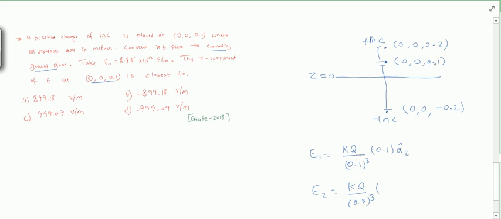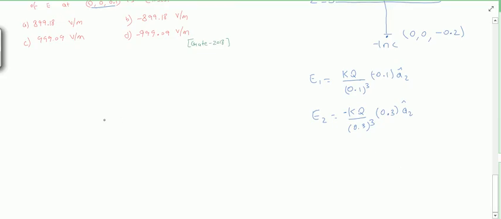That is 0.1 minus of minus 0.2, which is 0.3 az cap, and due to the minus charge I can place a minus sign here. So using this, E equals E1 plus E2.